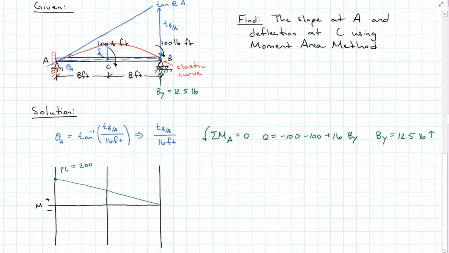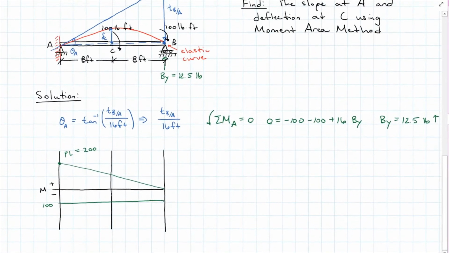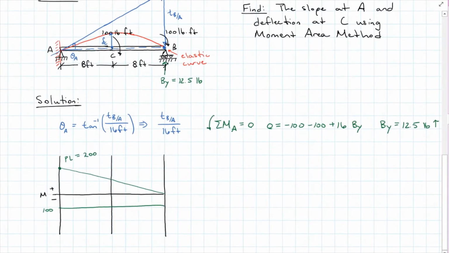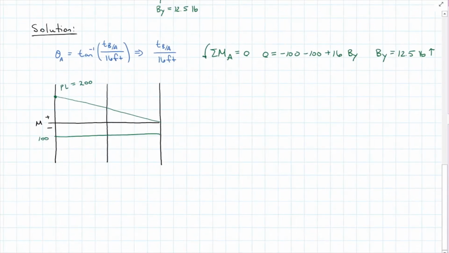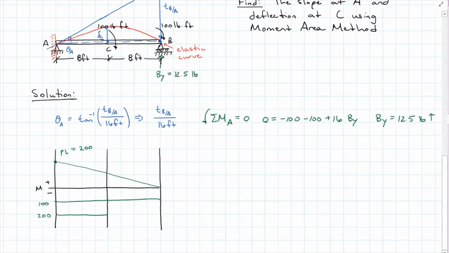Then I have my applied moment at B, and it is causing compression in the bottom of 100 pound-feet, and then I have my second moment that starts in the middle at C and it is adding an additional 100 pound-feet from C to A. So here is my moment diagram by superposition, and see, I have triangles and rectangles. It's much easier to deal with.